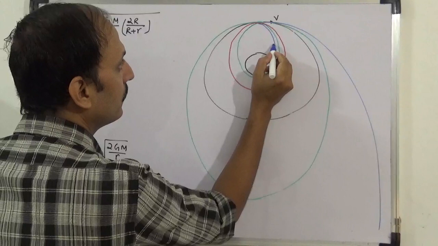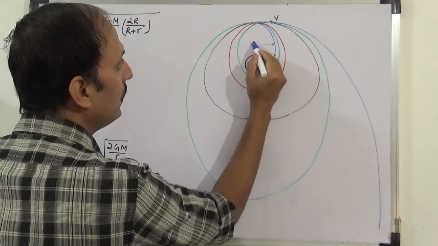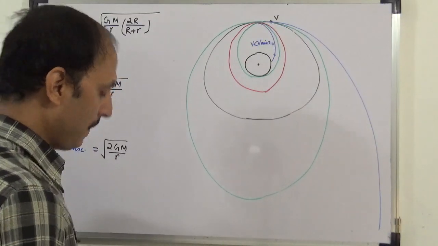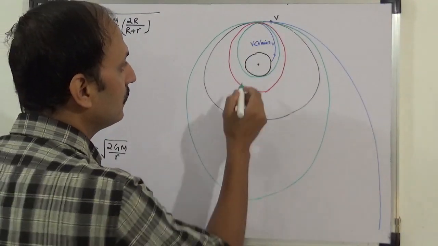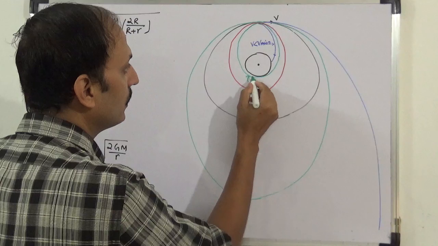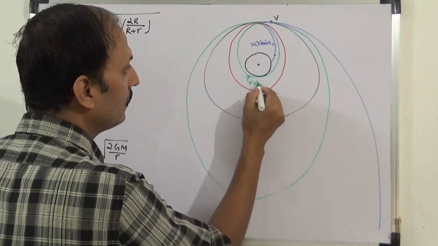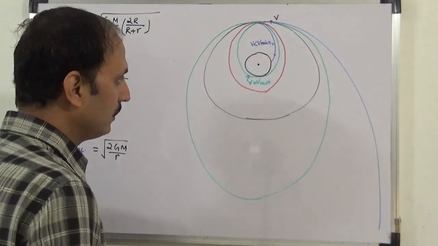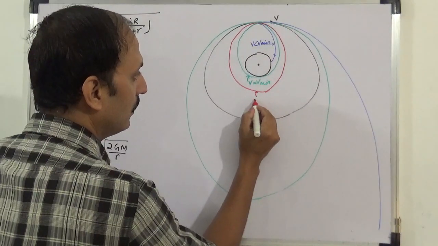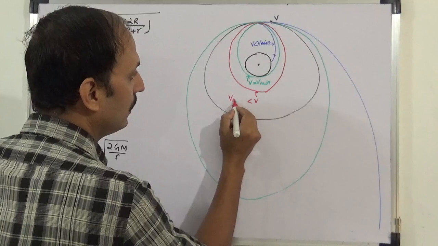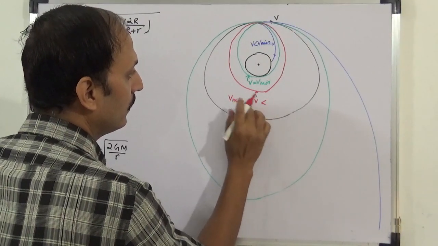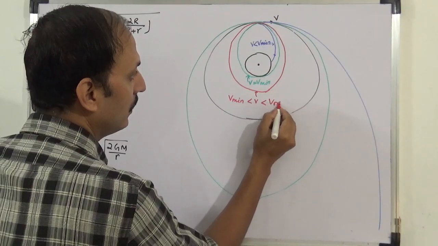Here for this one, V is less than V minimum. For the green one, V is equal to V minimum. For the red one, V lies between V minimum and V orbital.